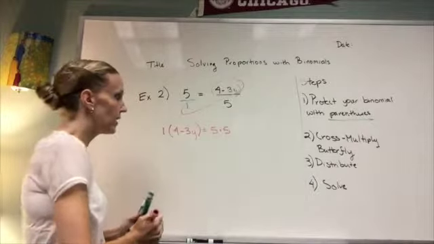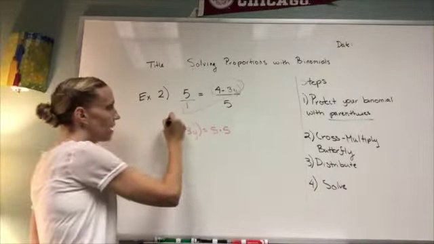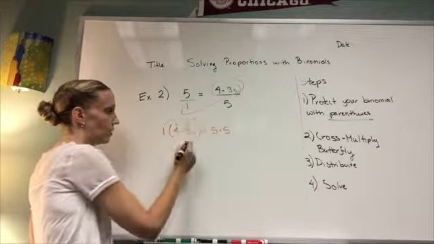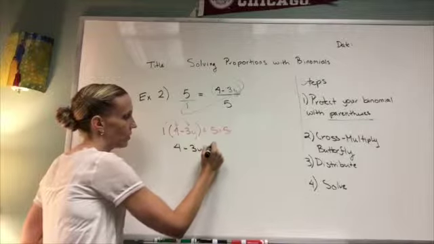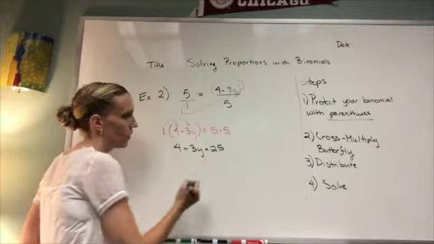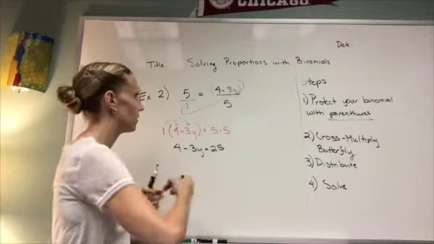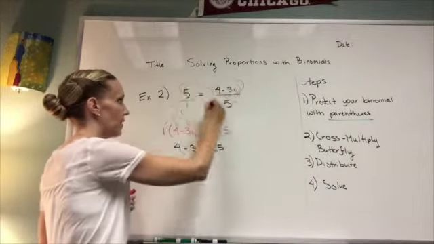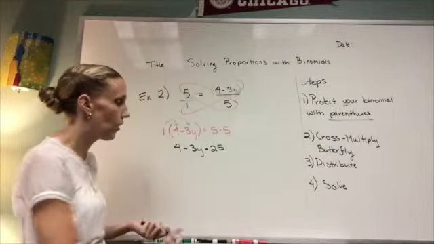Now what's really nice is distributing this 1, 1 times anything doesn't change anything. So really it's just 4 minus 3y equals 25. So I've cross multiplied. Let me circle the 5 times the 5. I've distributed, and now I need to solve.